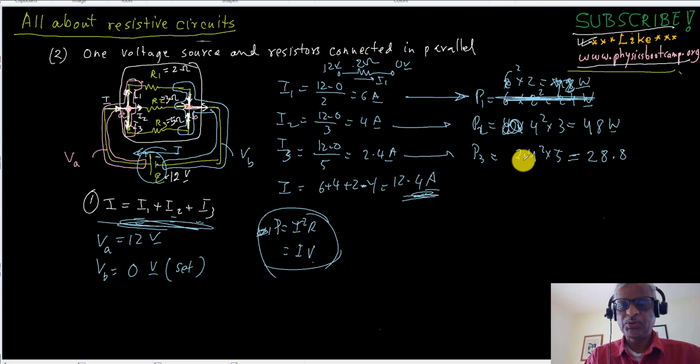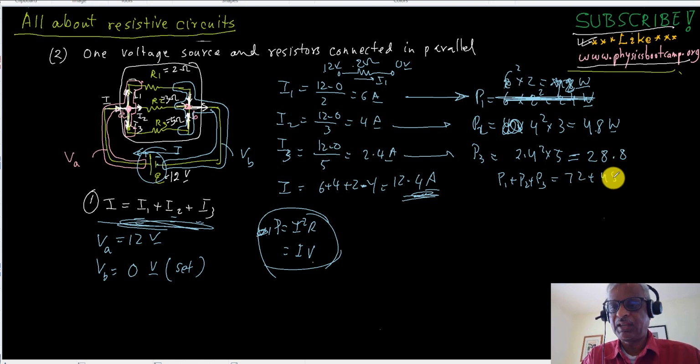So the total in the battery, P1 plus P2 plus P3, must be supplied by the battery, right? So this is 72 plus 48 plus 28.8, so 120 plus 28.8 is 148.8 watts.